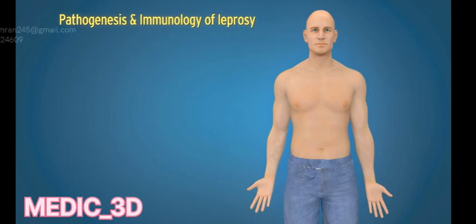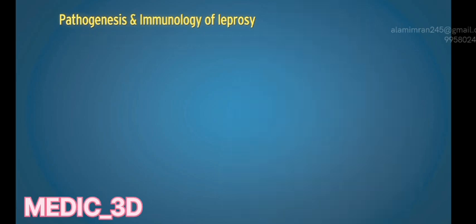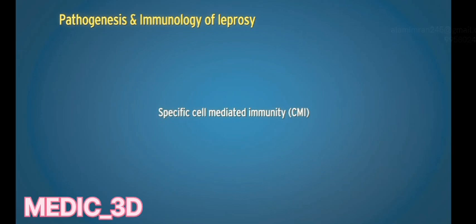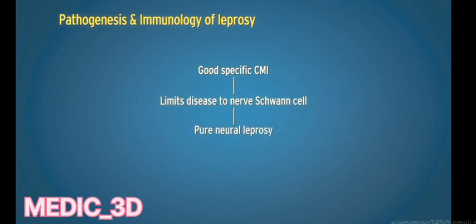Basically, after entering the Schwann cells or macrophages, the fate of the bacteria depends on the resistance offered by the infected individual towards the organism. Normally, specific cell-mediated immunity provides protection to a person against leprosy. Good specific cell-mediated immunity successfully limits the disease to the nerve Schwann cell, resulting in pure neural leprosy, leading to the paucibacillary type of leprosy.